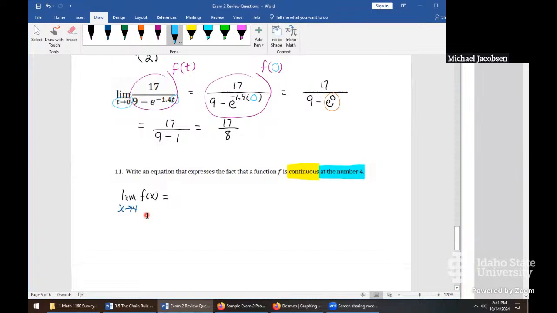Same thing over here. If you're heading towards 4 in the limit, and you have a function f of x, we just write f of 4. And either way we think about this, this is always direct substitution.